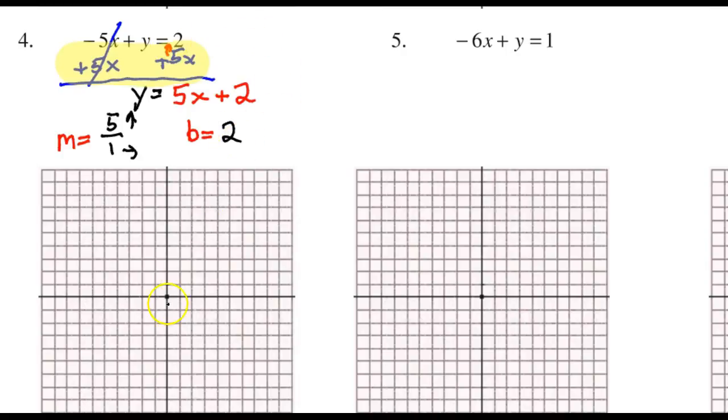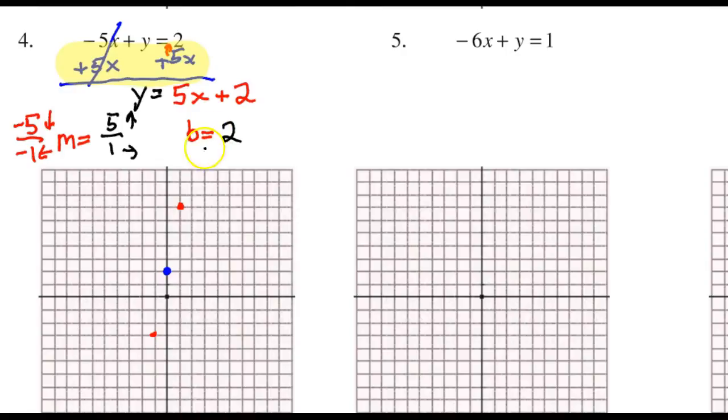So let's start at 2. Up 2, 1, 2. And now we're going to go up 5 and right 1. So 1, 2, 3, 4, 5. Right 1. And remember, we can do the other direction too. We can do down 5 and left 1 as well, because that equals 5. So we can go down 1, 2, 3, 4, 5, and over 1.